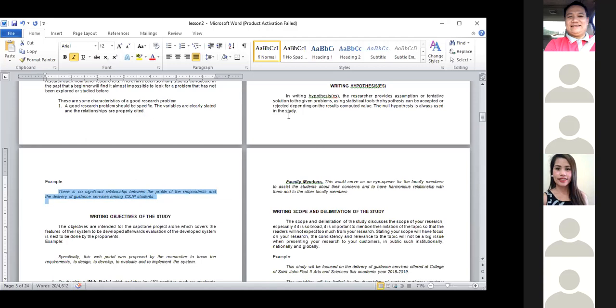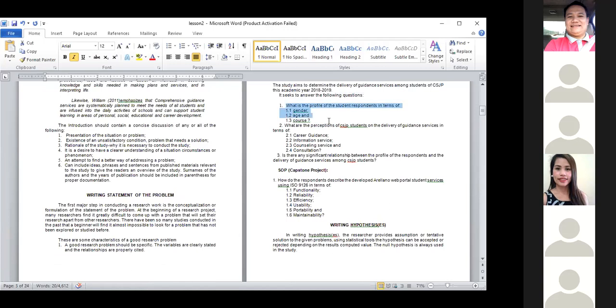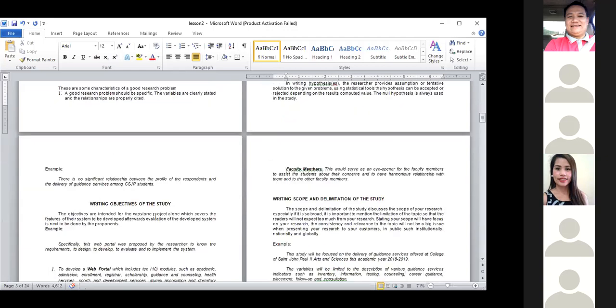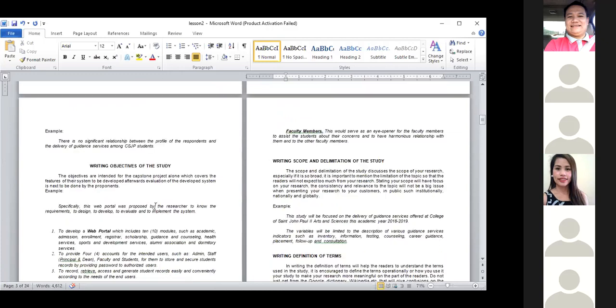Pero pag you are just getting the gender, age, course, so percentage is enough. Okay, so for number 2 naman, you may now use only a weighted mean. Okay, so that's enough. So yung number 3 medyo mahirap yun, no? Okay, anyways, meron naman kayong mga statistician that will help you throughout these computations.